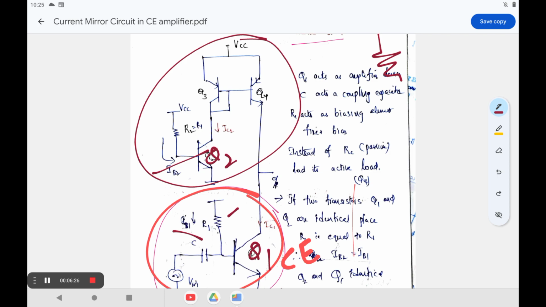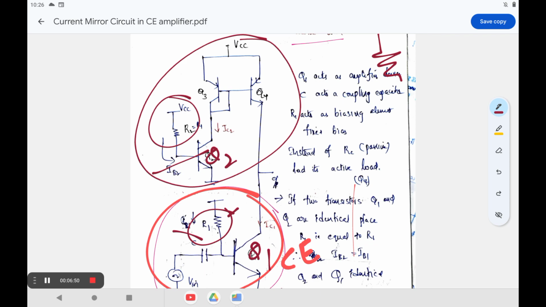That means IB2 is equal to IB1. To get IB2 equal to IB1, obviously the resistances R1 and R2 must also be similar. Whenever R1 and R2 have the same value, only then can you get IB1 current equal to IB2 current.